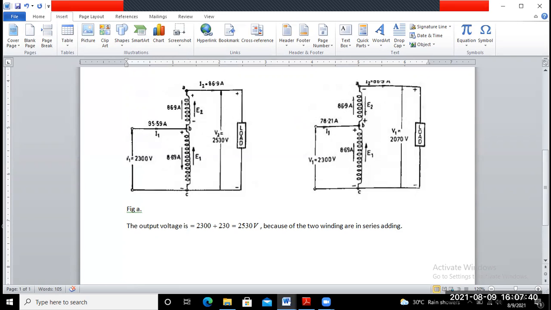So the rated current of 86.9 ampere in the LV winding is required by transformer action.